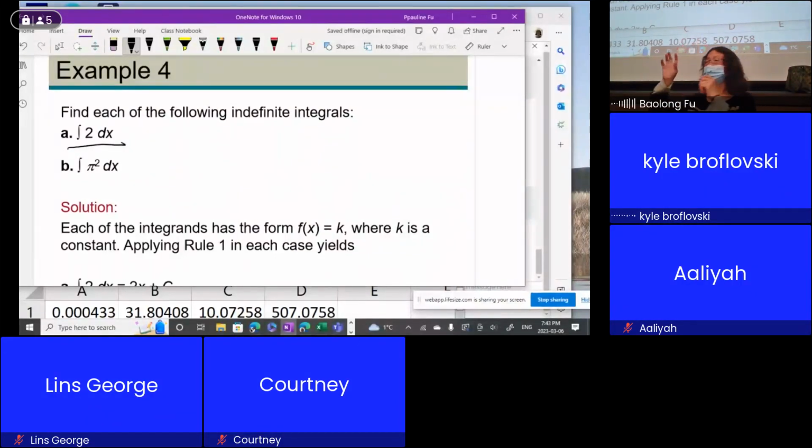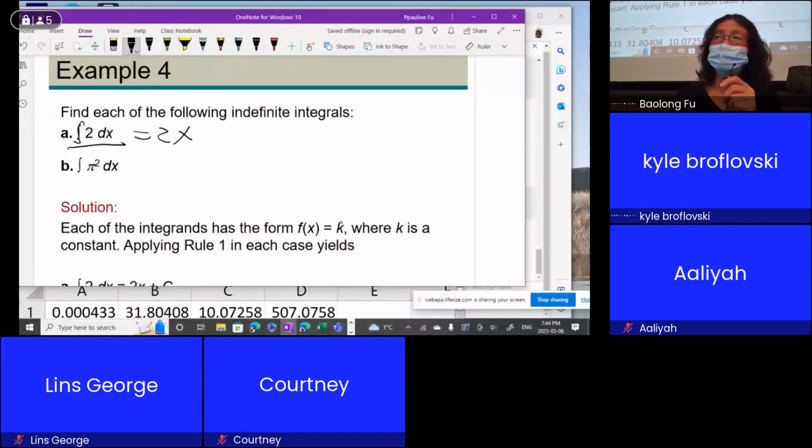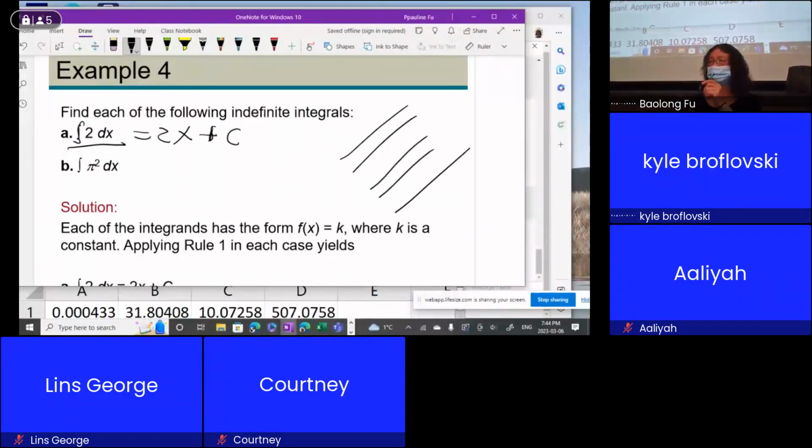That is the meaning of this integral. So it is 2x. Did I miss anything? 2x is correct, but not perfect. Excellent, plus c, because remember there are many antiderivative functions.